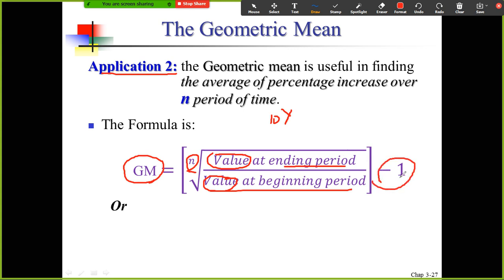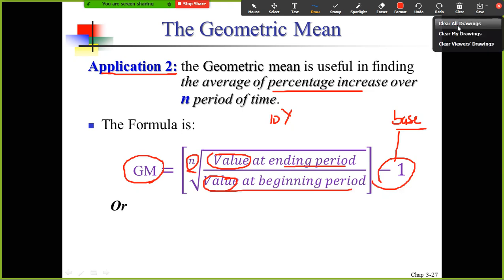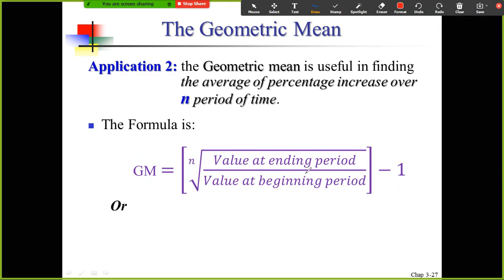Again, why do we need to minus 1? Because we want to find the growth rate. That's why minus 1 is a base. Based on your salary today, next year will be increased by 5%. That's why minus 1 is the base. Minus 1 is similar to 100%. Okay. However, I take this one in order to keep you from getting confused.